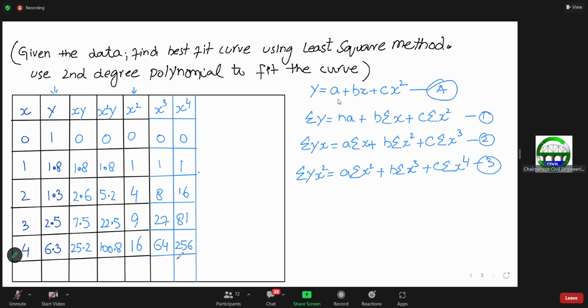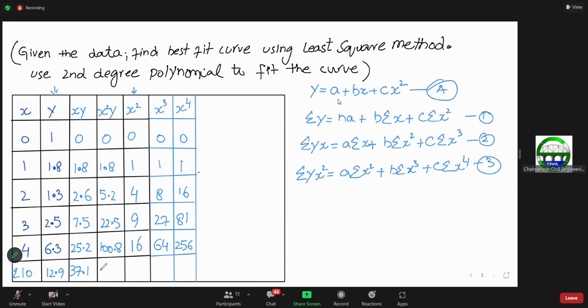Yes, great. Okay, now I want to add this one. So it will be equals to 5, 6, 10. It will be equals to 10, sigma x. This one next will be equals to 12.9. Next is equals to, what is next? 37.1.